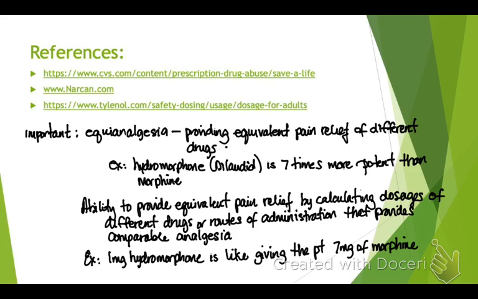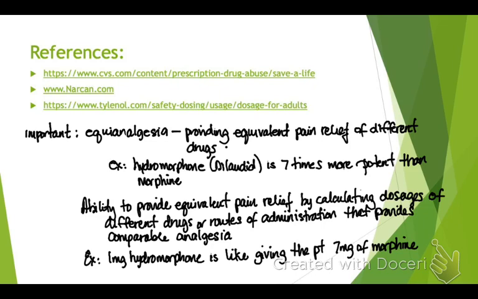analgesia is providing equivalent pain relief of different drugs. So different drugs will cause different types of pain relief. So we want to provide them equivalent pain relief by giving them similar drugs and similar drug classes. So for example, hydromorphone (Dilaudid) is 7 times more potent than morphine.